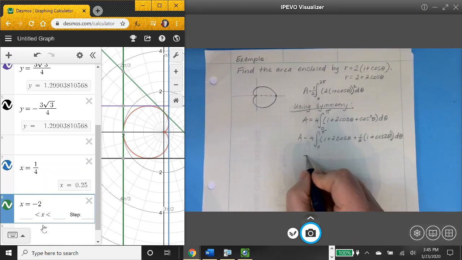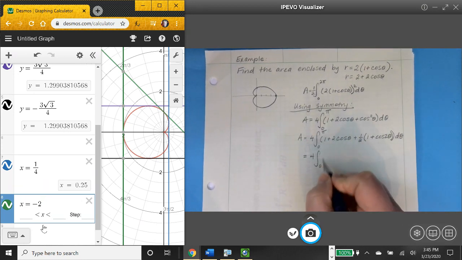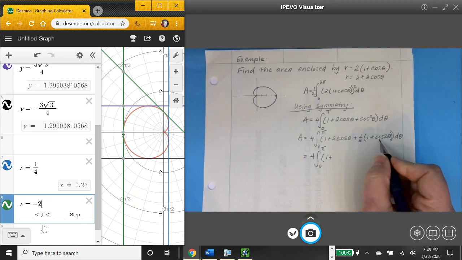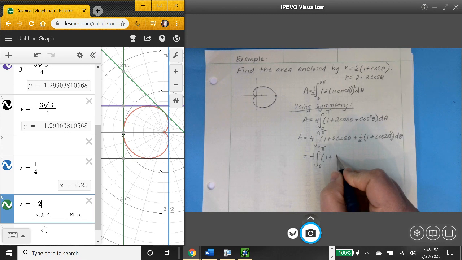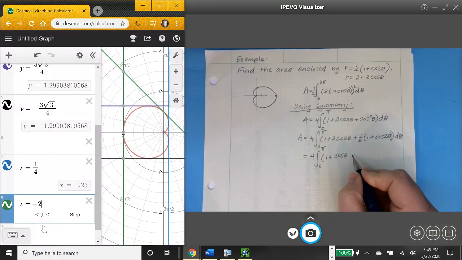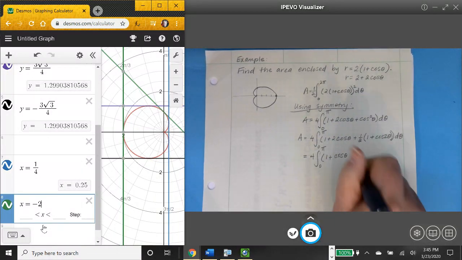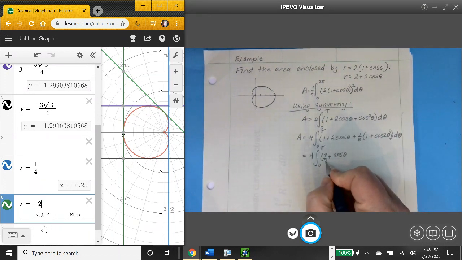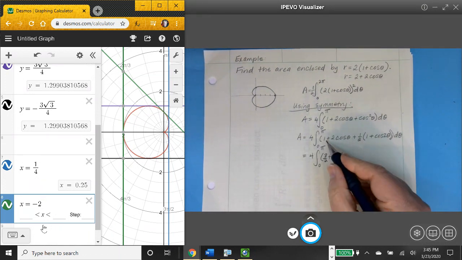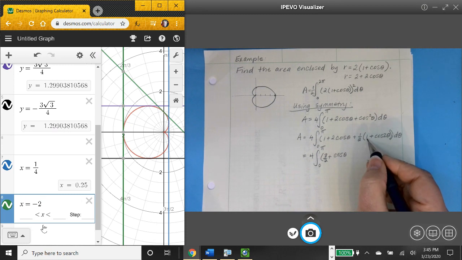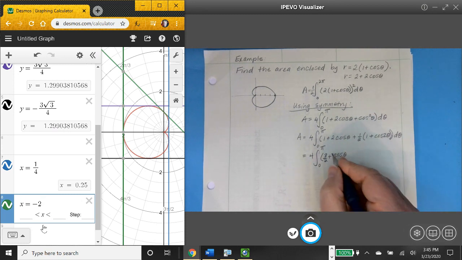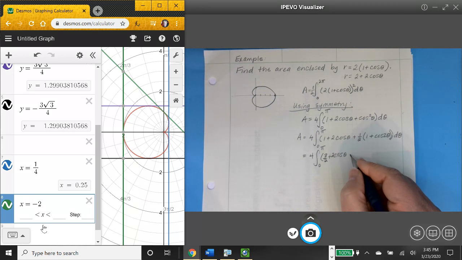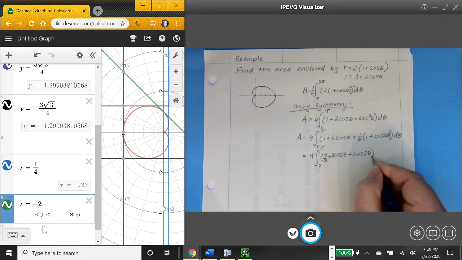Okay, so let's simplify that expression some. We get the integral from 0 to pi of 1 plus, now when I multiply the 1/2 in here, we get 1/2 cosine of the double angle. So I'm going to change this, if that's all right with you, to 3 halves, right? Because that's going to be 1 plus 1/2. And then this is, I'm sorry, I left the 2 off here: 2 cosine theta plus 1/2 cosine double angle d theta.